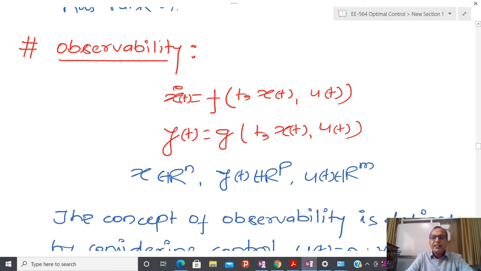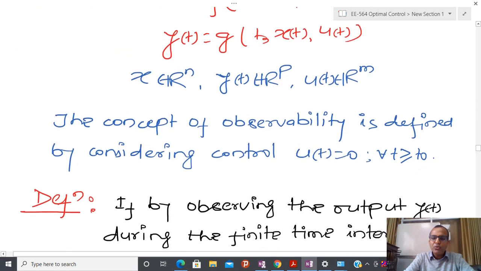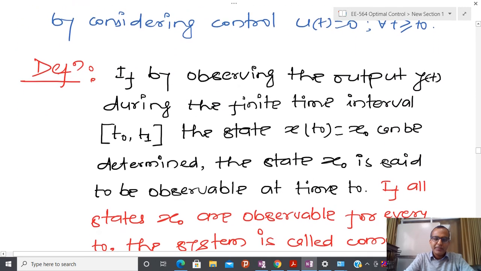It means that I have a finite number of initial conditions, and from those I am going to find all the initial conditions of the state variables. That is the meaning. In this process, since control is not involved, you can either put control or not put control, that doesn't matter.